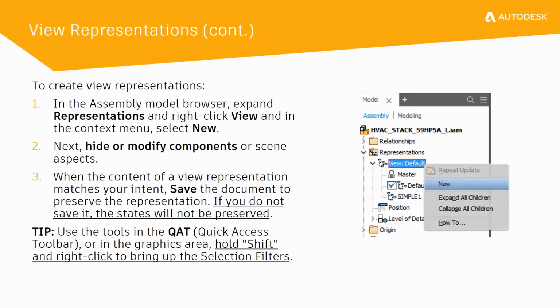At the end of this process, you do need to save it, and that save captures the state that will be preserved at that point in time. And remember, you can also use the selection filters from the quick access toolbar or the shift and right click commands to help you quickly and easily create view reps.